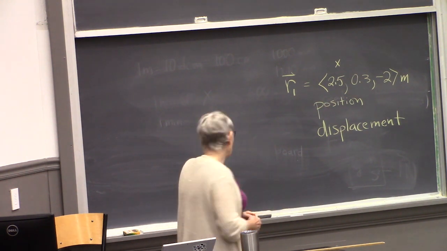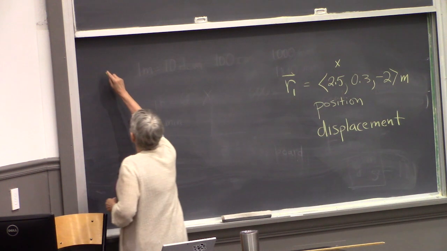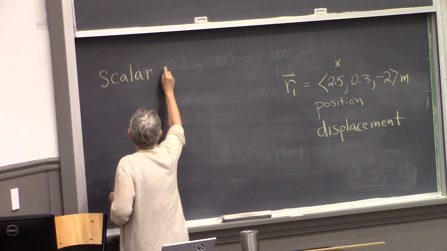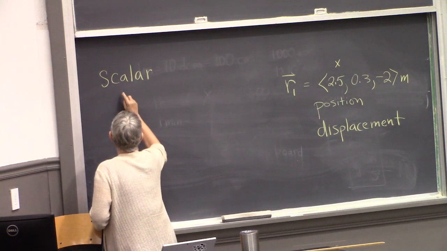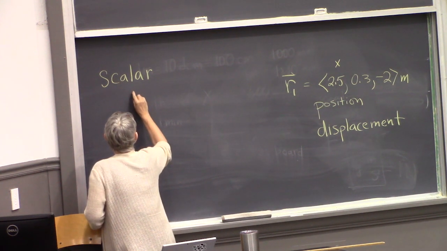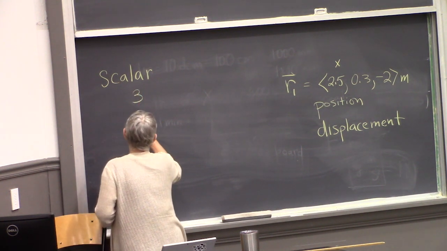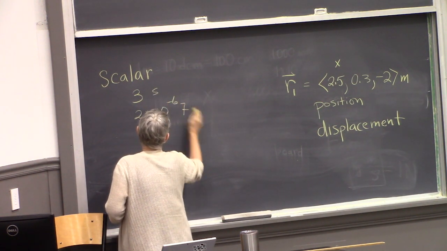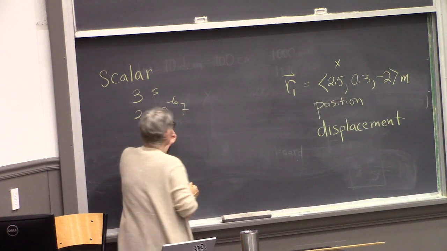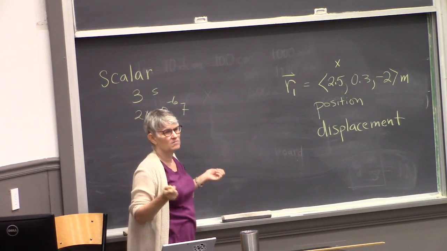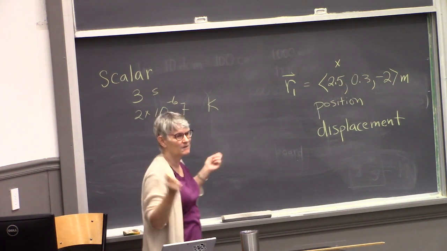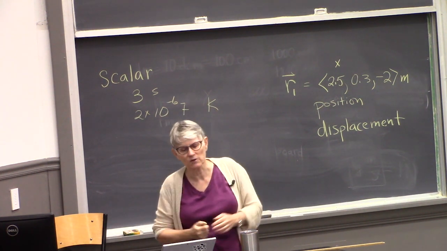Things that are not vectors are called scalars. It's just one number: 3, 2 times 10 to the minus 7 seconds, minus 6 Kelvin, a temperature. That's a very small temperature.